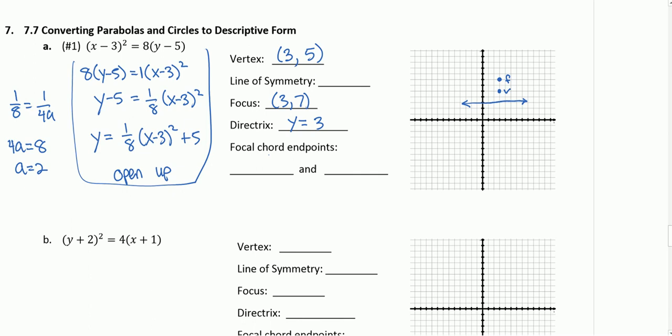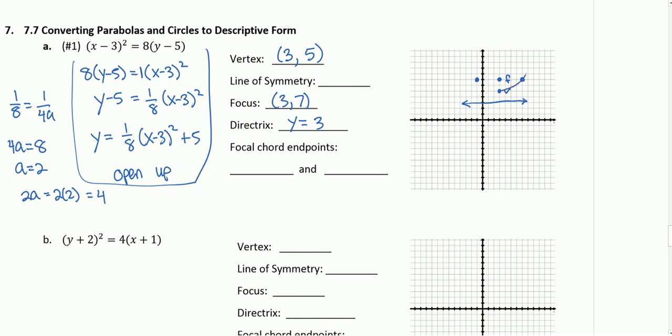The focal chord endpoints line up with the focus, one on the right, one on the left in this case, and have a distance of 2a from the focus, which in this case is 2 times 2, or 4. So from the focus, I'm going to go right 4 and left 4.